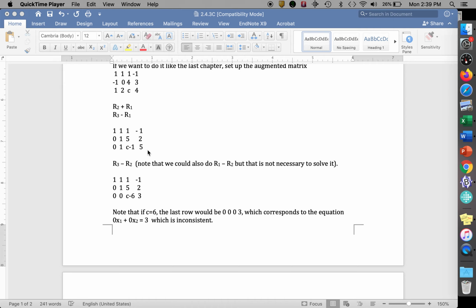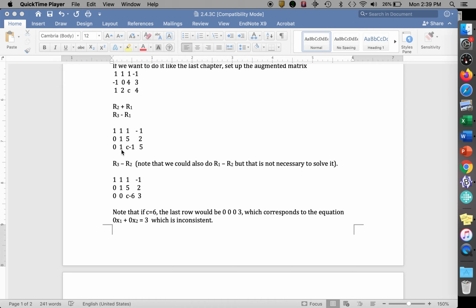Now I could then continue on like we normally do, which is to get a 1 in the 2, 2 position, which we already have. Woohoo! And then get a 0 above it and below it. But I'm just going to be spinning my wheels if I try to get a 0 above it. So I'm not going to do row 1 minus row 2, because that's not necessary to solve the question.